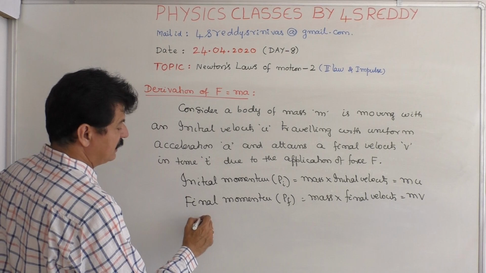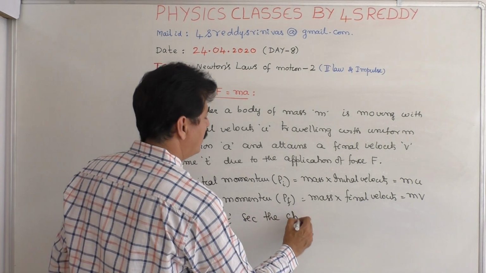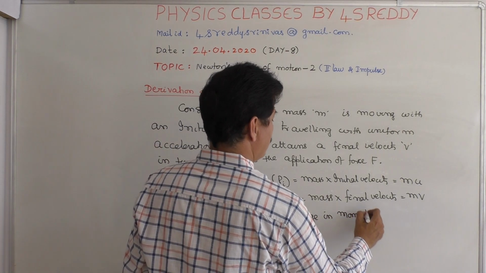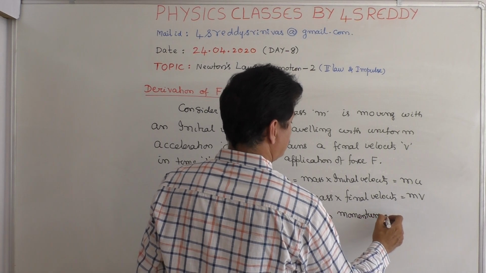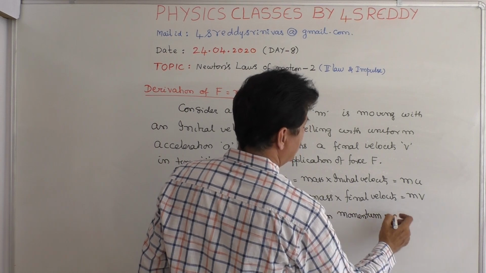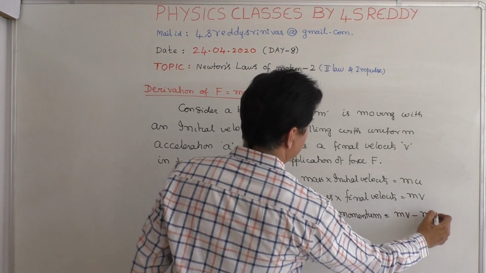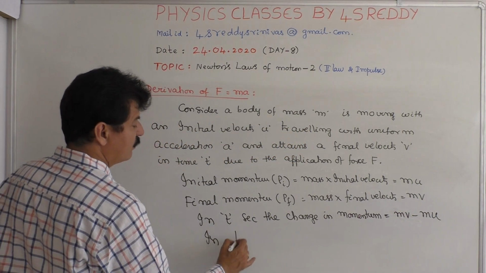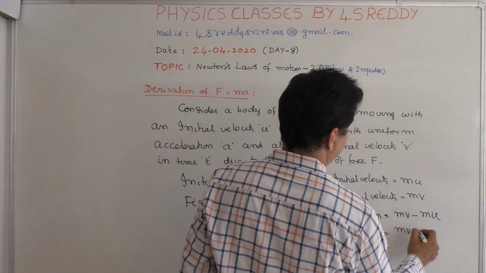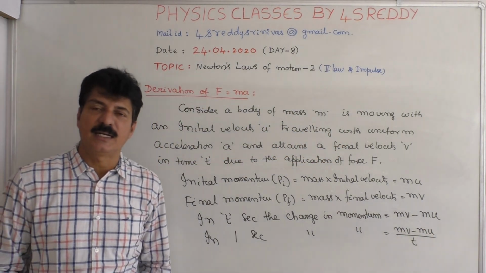Therefore, in t seconds, the change in momentum is mv minus mu. In 1 second, the change in momentum is (mv minus mu) by t.